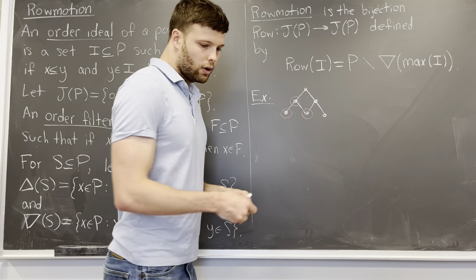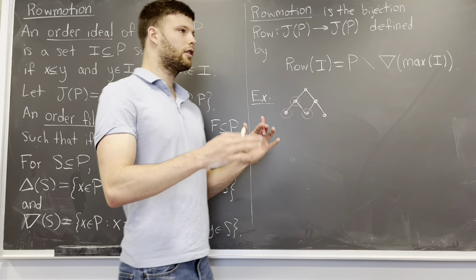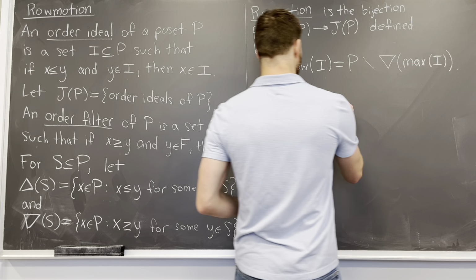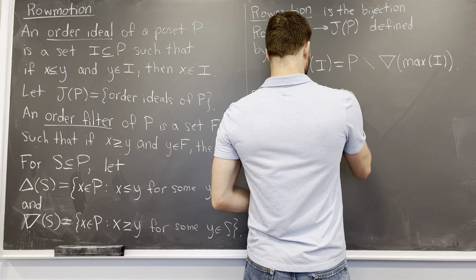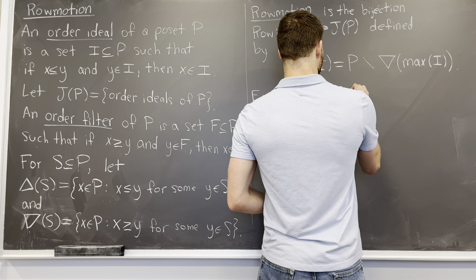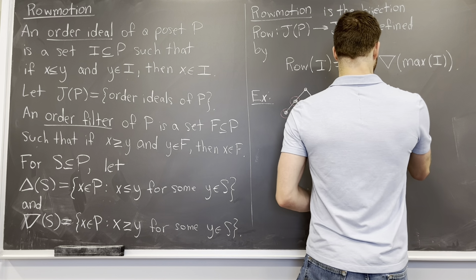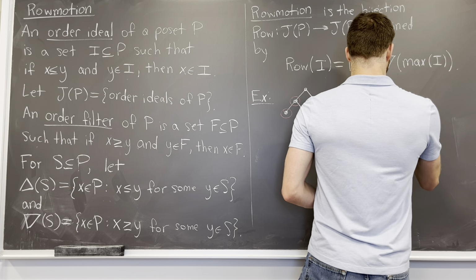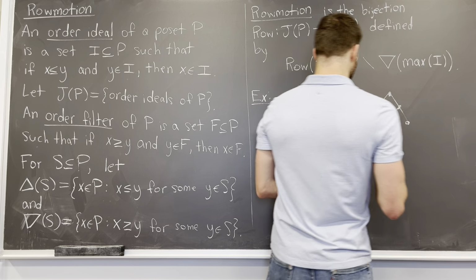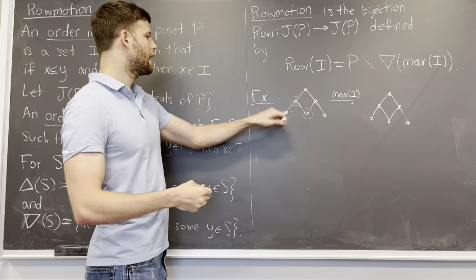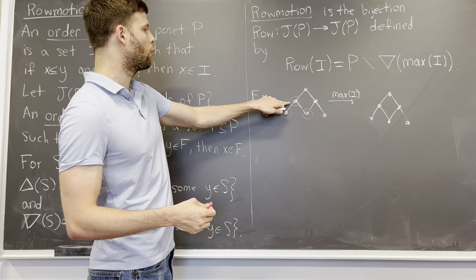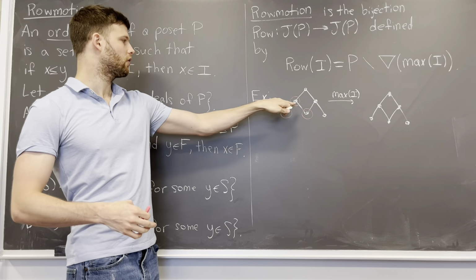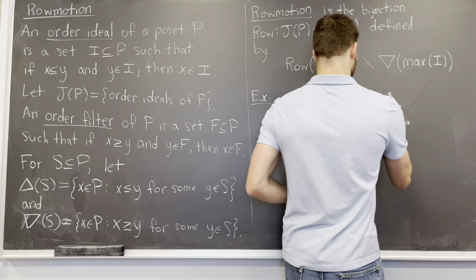Then to apply Rowmotion is basically 3 steps. The first step is to take the set of maximal elements of the order ideal. So taking the max of I, the set of maximal elements of this order ideal is just this one element here. In general, you could have multiple maximal elements of an order ideal, but in this example, it's just this one element.